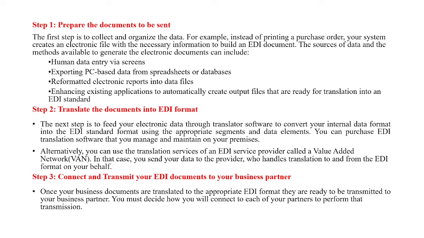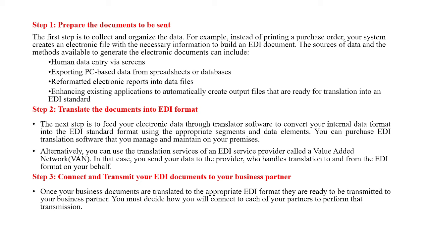I repeat again: in the second step, we have the internal data format, that is the electronic data prepared in step 1. We take that and convert or translate it into the EDI standard format using appropriate segments and data elements.